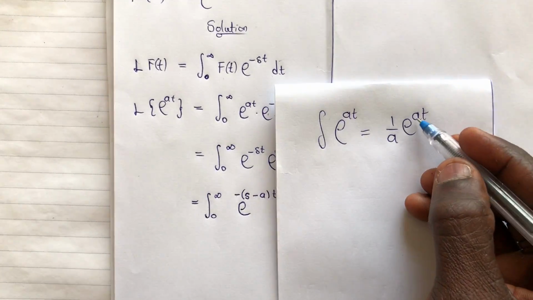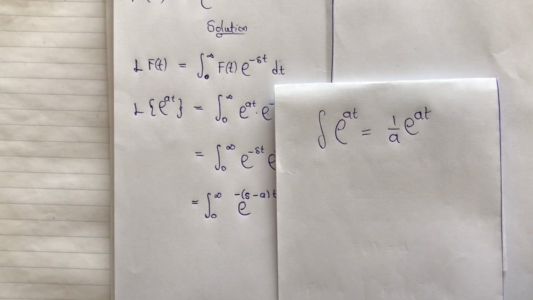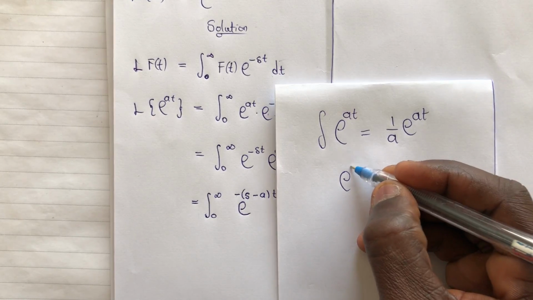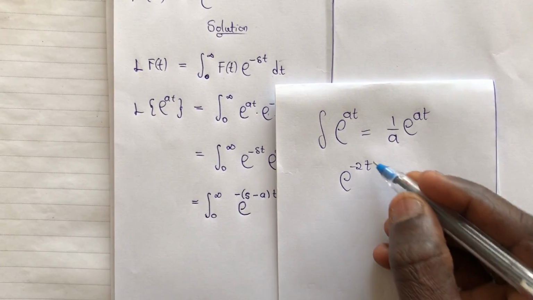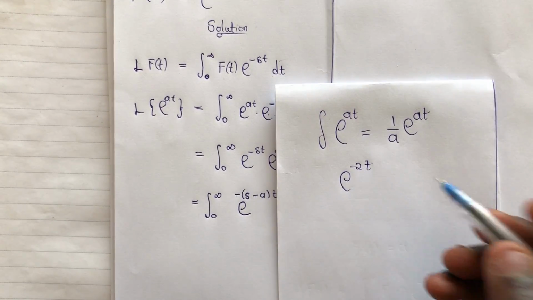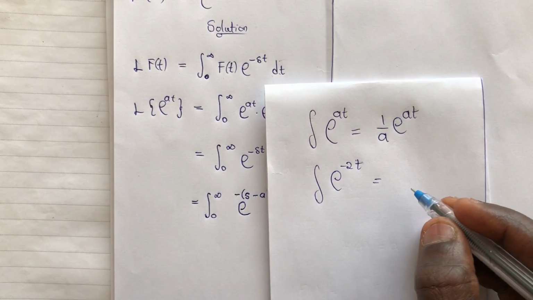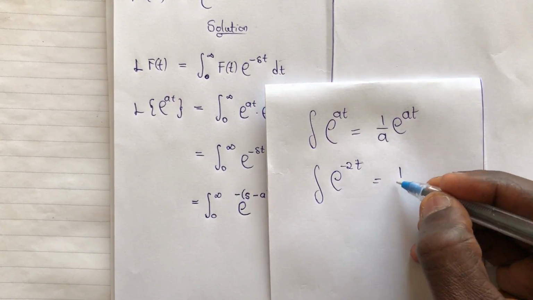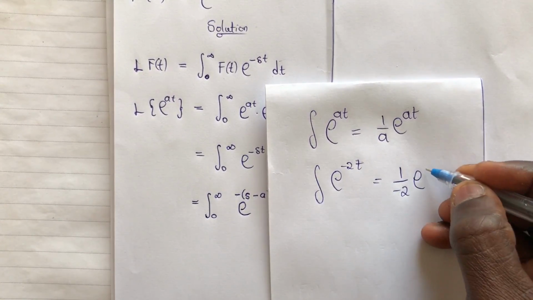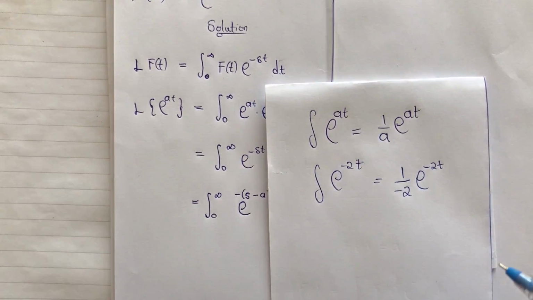If a is any random number, say we have minus 2t, or whatever variable you have here, then the integral of this is 1 over minus 2 times e to the power of minus 2t. Do we get it?